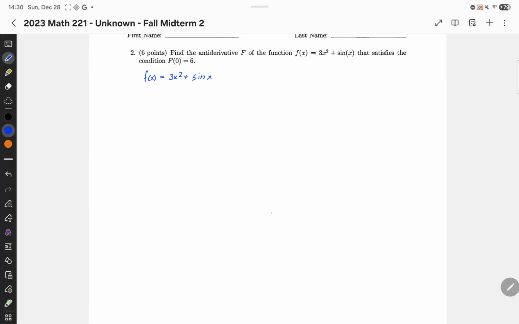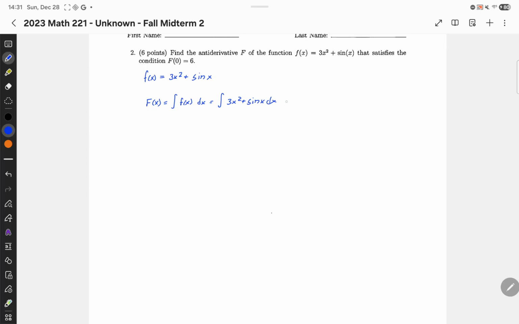And so we know that the antiderivative of this is our big F, so let's go ahead and find that. So we have big F of x is going to be equal to the antiderivative, or the integral, of little f of x dx, which is just the integral of 3x squared plus sine x dx.